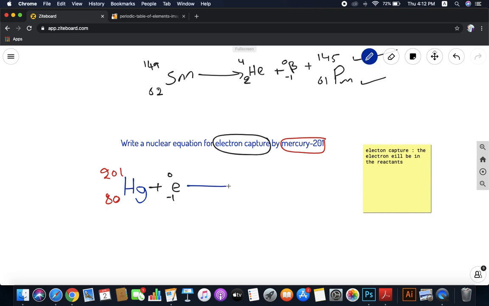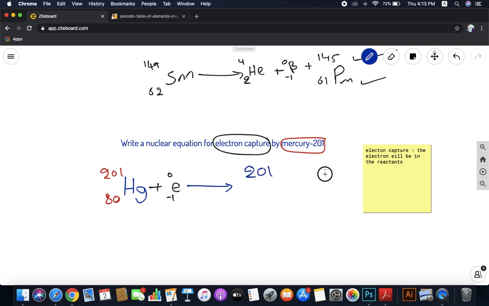Now I will just have a new atom because the decay is capturing. So the decay will be in the reactants by the verb capture. So what is your new atom? Here, 201 plus 0. So here it should be 201.